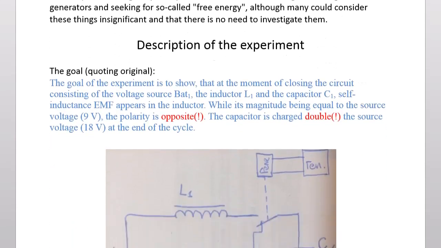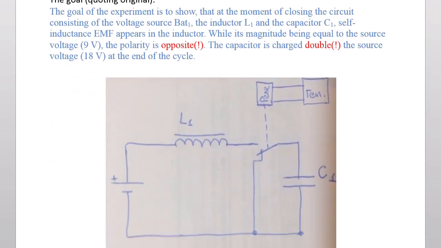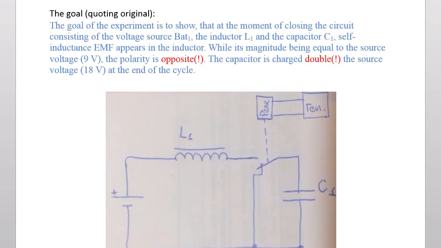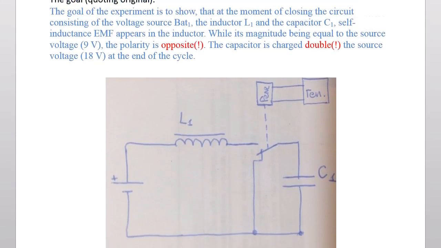So next is the description of the experiment. The goal, quoting the original: the goal of the experiment is to show that at the moment of closing the circuit consisting of the voltage source, battery 1, so you can see a scheme of this experiment. So battery 1 is here, the inductor L1, the capacitor C1.